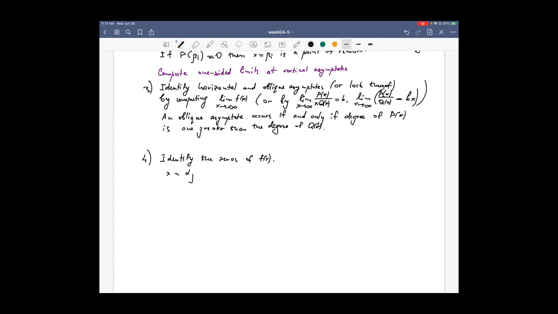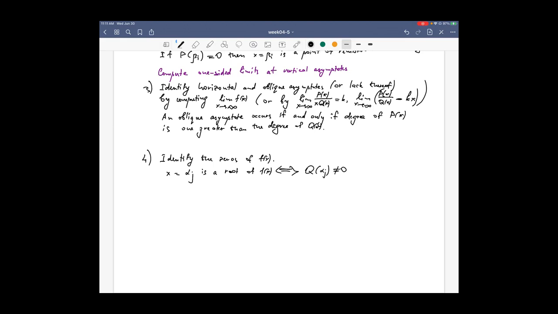X equals alpha j is a root of f if and only if q at alpha j is not 0.